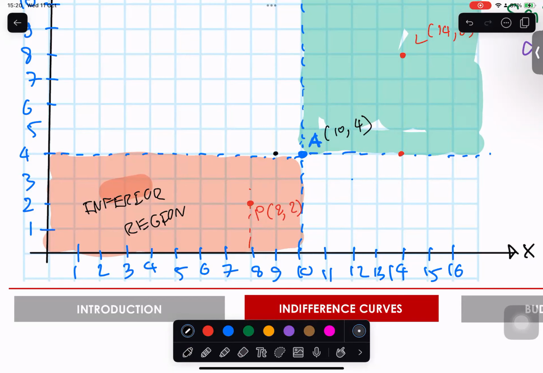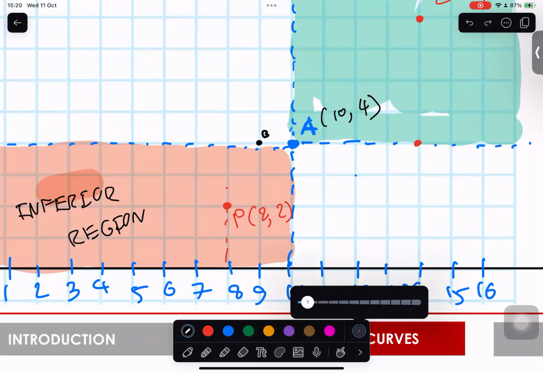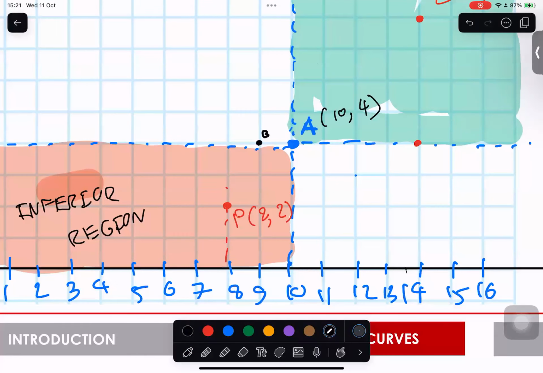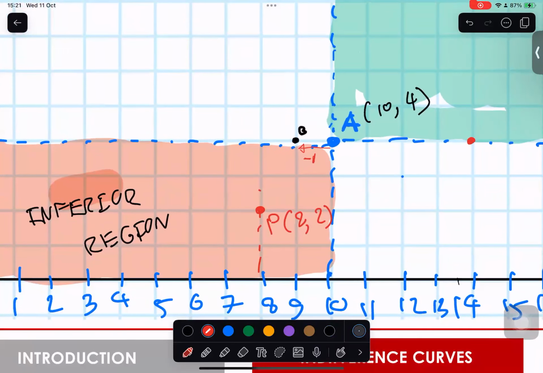Let me call it spot B. Remember that now Beam is moving to point B on the left-hand side of point A, meaning the same level of Pepsi, but he lost 1 unit of pizza. How do you feel? He stole from you.